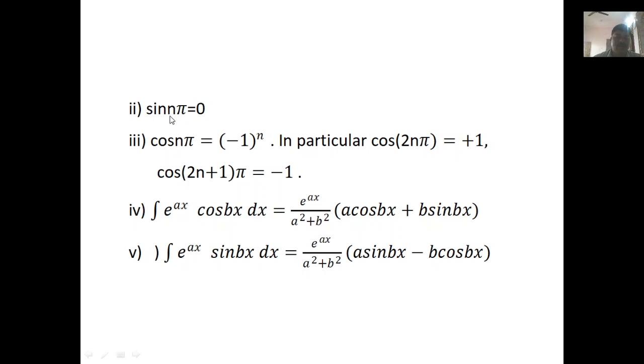So here we have to use sin n pi is equal to 0 and cos n pi is minus 1 raised to n. In particular, cos of 2n pi is equal to 1 and cos of (2n plus 1) pi is minus 1. So these are the two formulas we have to use in Fourier series.